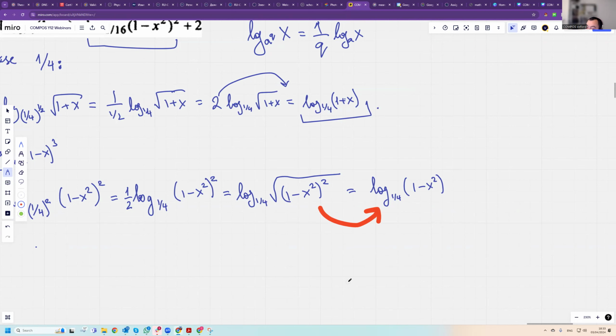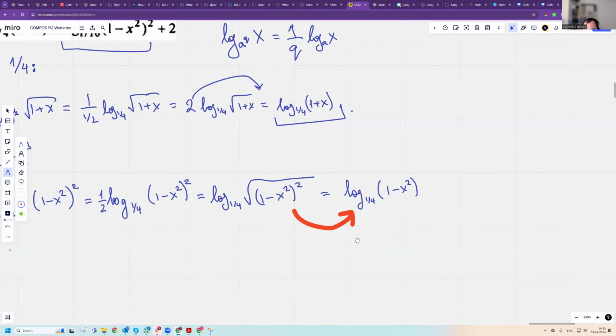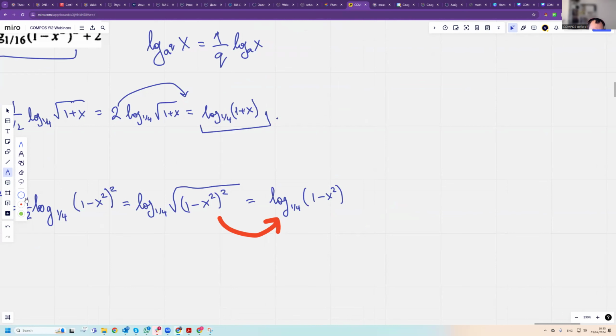Jed, you're correct. You need the absolute value, because the square root of x squared is not x, it's modulus x. That's very important.